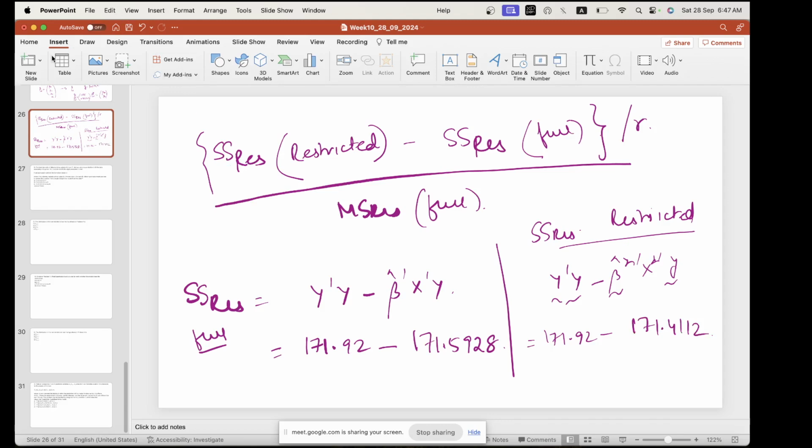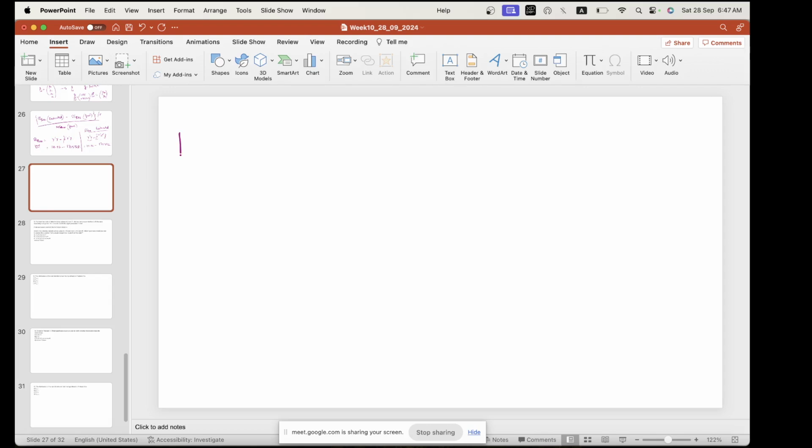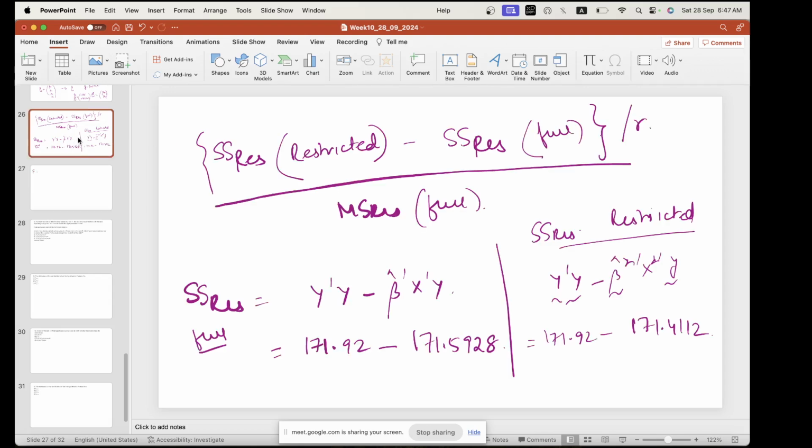Therefore, the test statistic is F, restricted minus full.